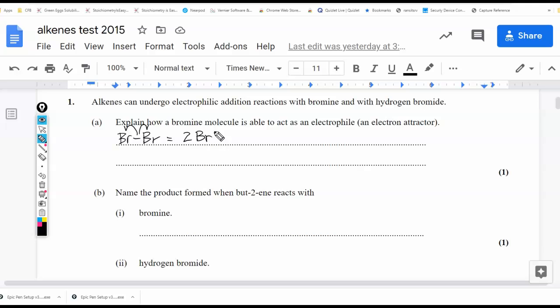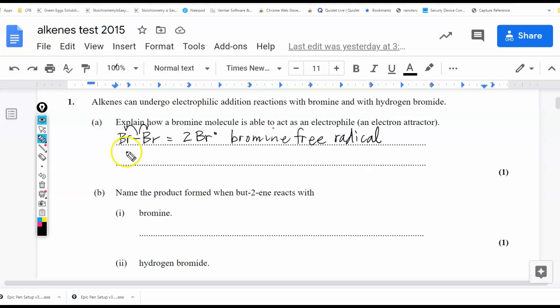And so what those free radicals are looking for, a bromine free radical is looking for another electron to react with. So it's only looking for one electron, and that might not be what we want to be able to have as an electrophile, an electron attractor.